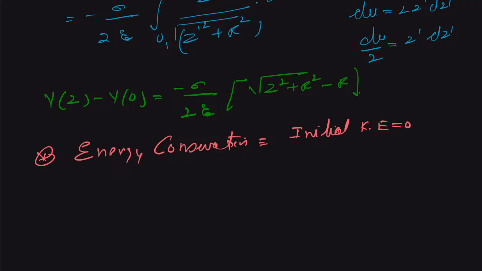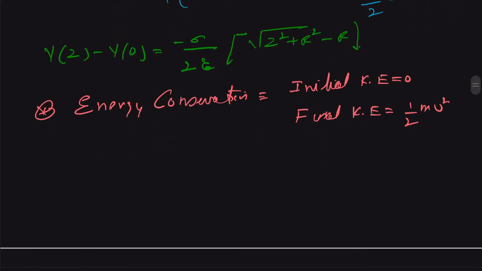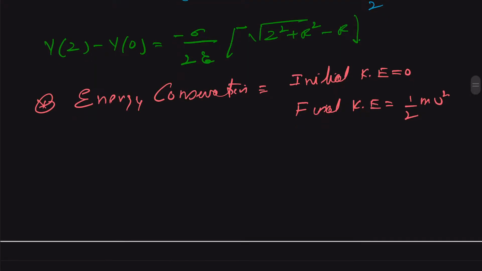And final at the center is, suppose, v, so we can say that our final kinetic energy will be equal to half m v square. Therefore the difference between the two, half m v square, will be equal to q times the potential difference, that is, point z minus the center.